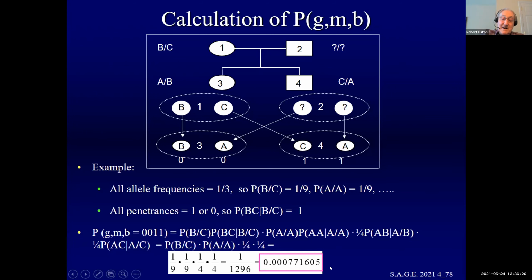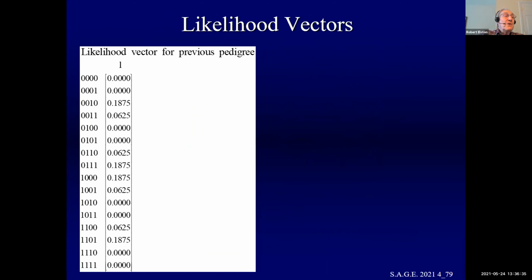Okay, now what you have to realize is at this point we standardize all these likelihoods, and so once you divide by the sum of them, what you have is this likelihood vector for the previous nuclear family.